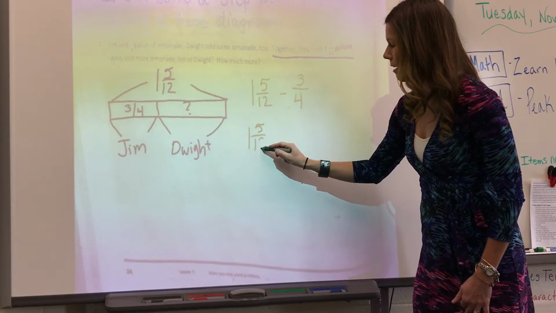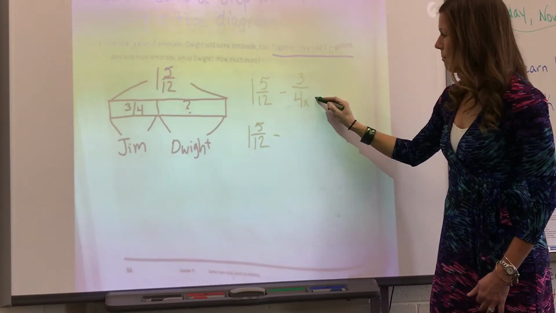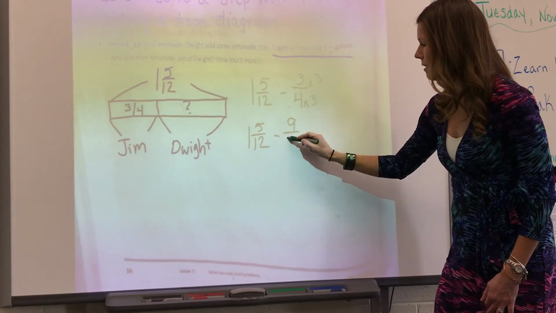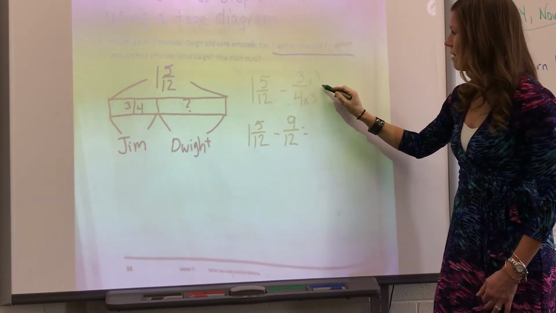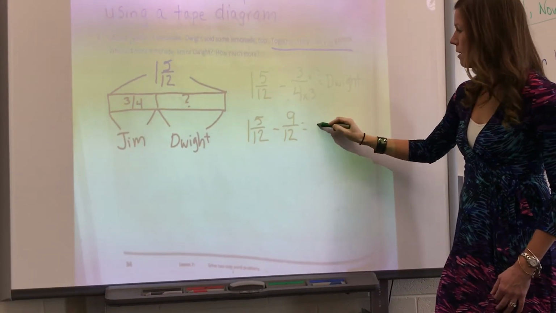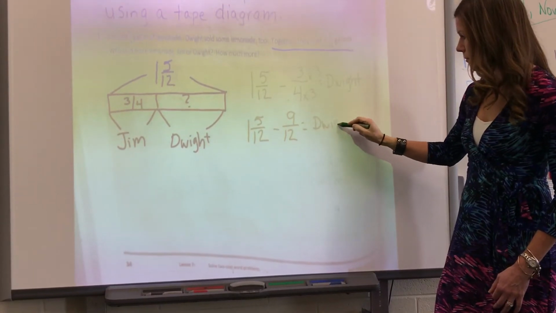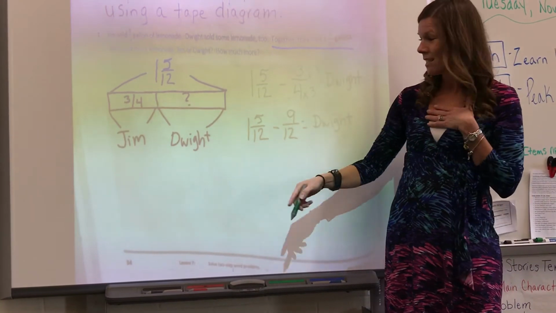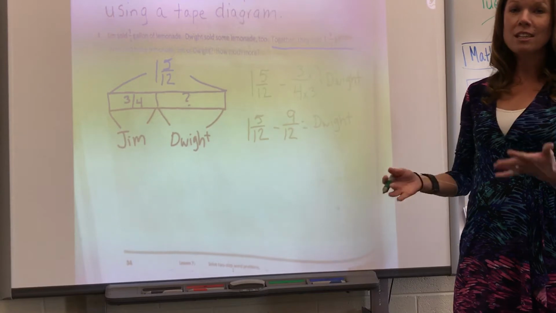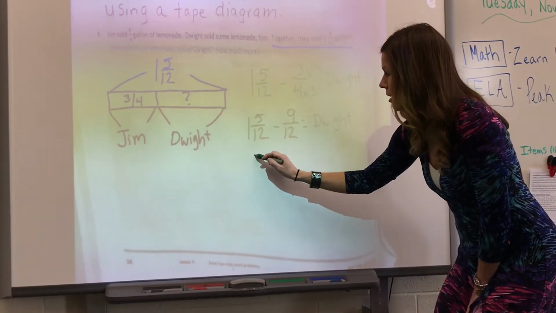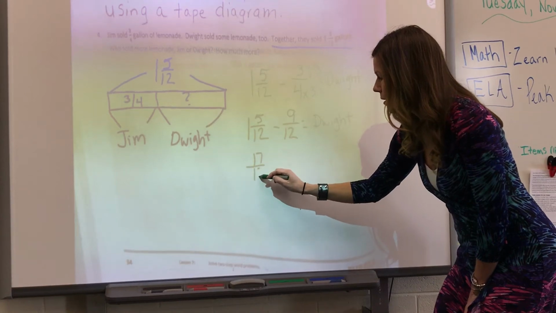If I multiply this by 3 and this by 3, I would get 9/12. Again, this is going to tell us how much Dwight sold. I have an improper fraction. My 5th graders would tell me that I need to change the mixed number into an improper fraction, and I know that 1 5/12 is equivalent to 17/12.